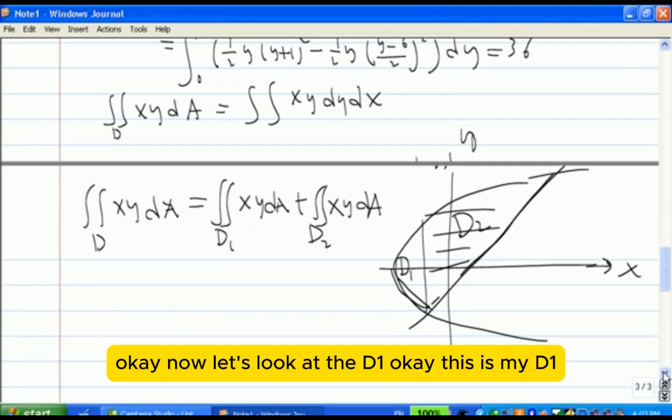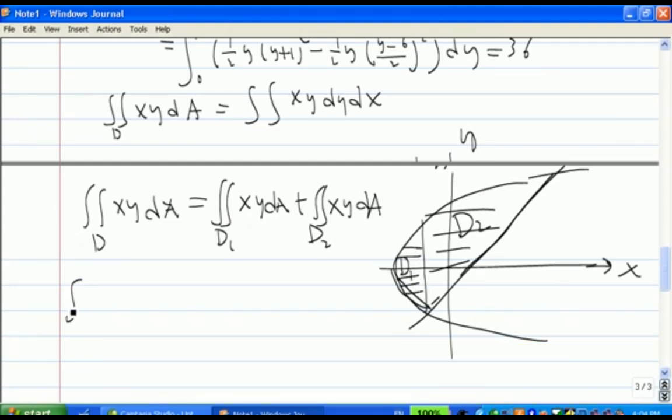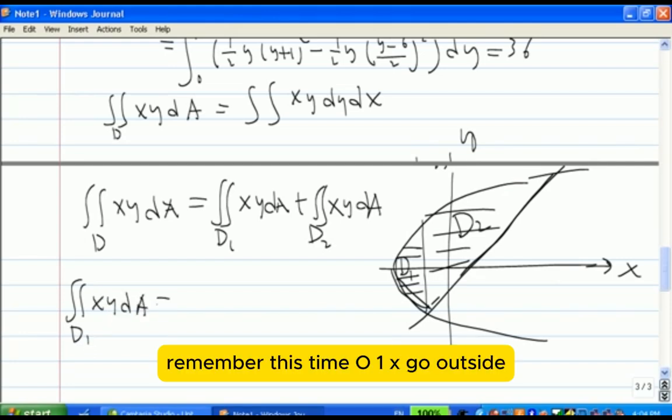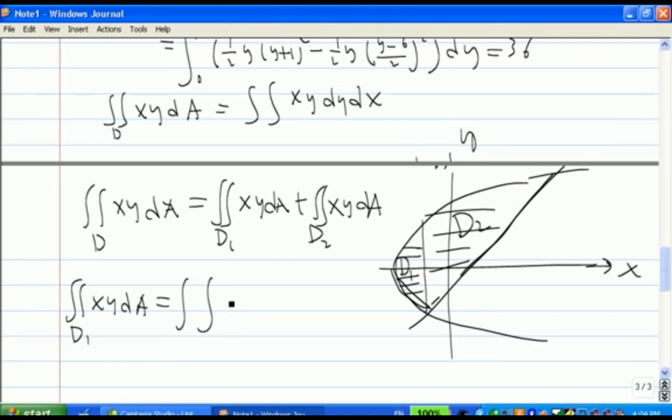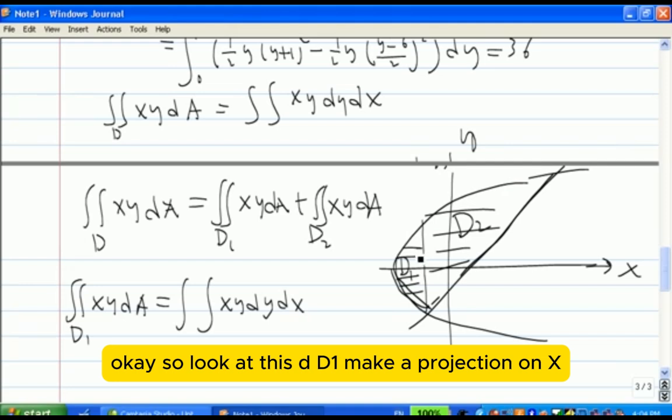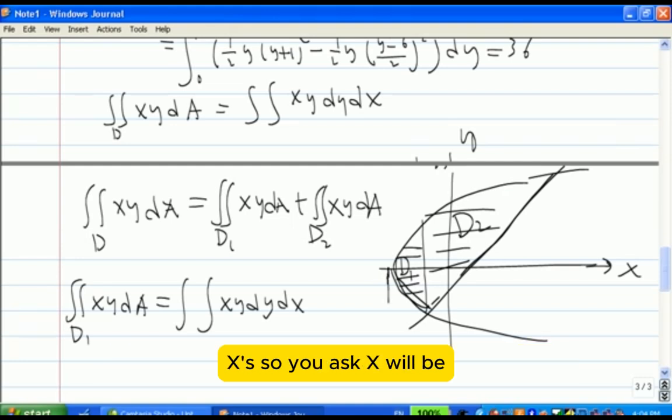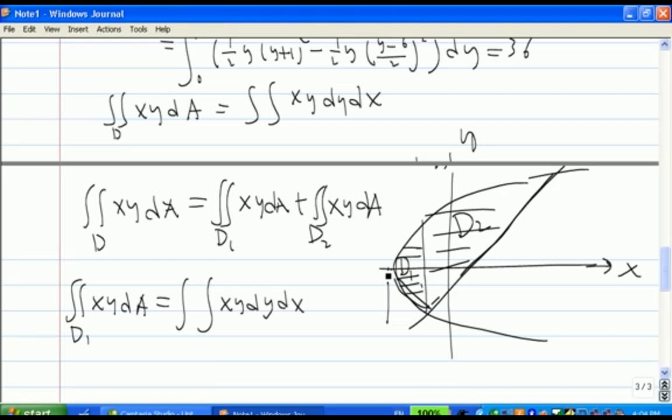Okay. Now let's look at the D1. Okay, this is my D1. Remember, this time we want x to go outside, y to go inside. So look at this D1. Make a projection on the x-axis. So your x will be bigger than, what is this?